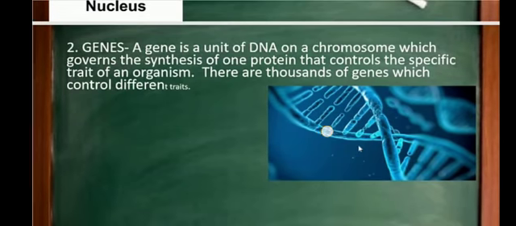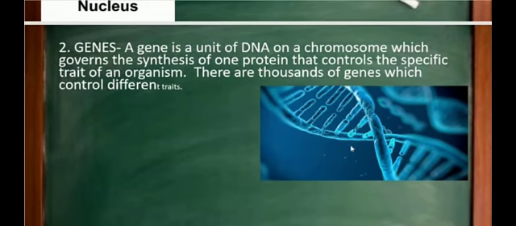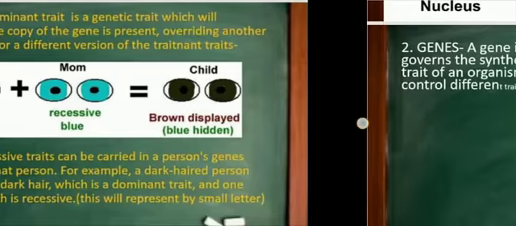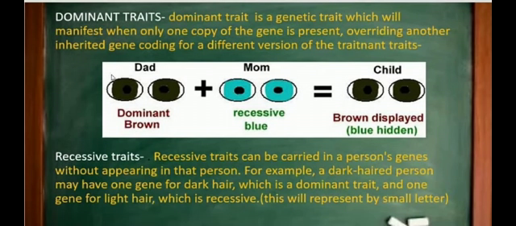And there are thousands of genes which control different traits. Then comes the dominant trait and recessive trait. We are discussing from the starting of the chapter about traits, about characters, but traits are also of two different types: dominant traits and recessive traits.